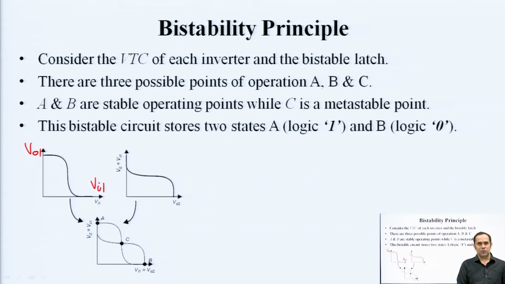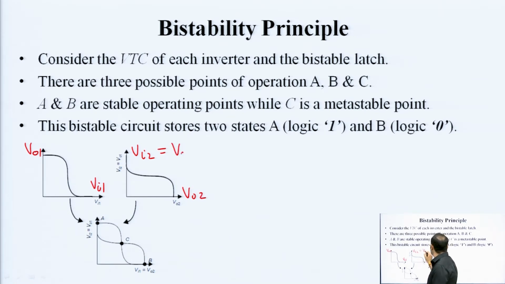If you draw it in the most generalized way, you will see a similar graph between VO2 and Vi2. Here you have a rotated graph between Vi2 and VO2, and Vi2 is equal to VO1. So, the output of the first stage is equal to the input of the second stage. This is just a rotated graph.